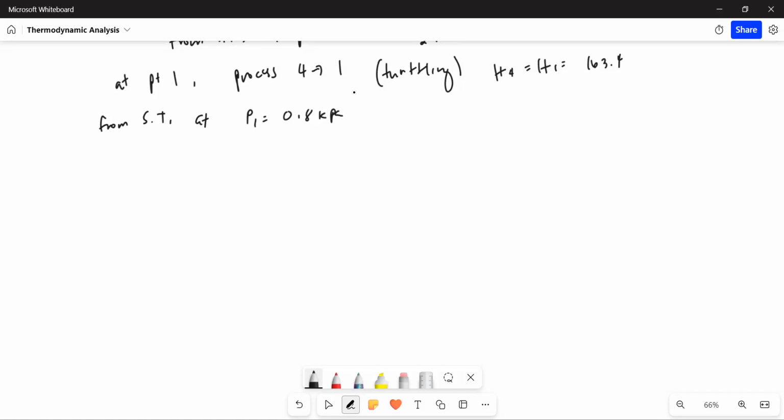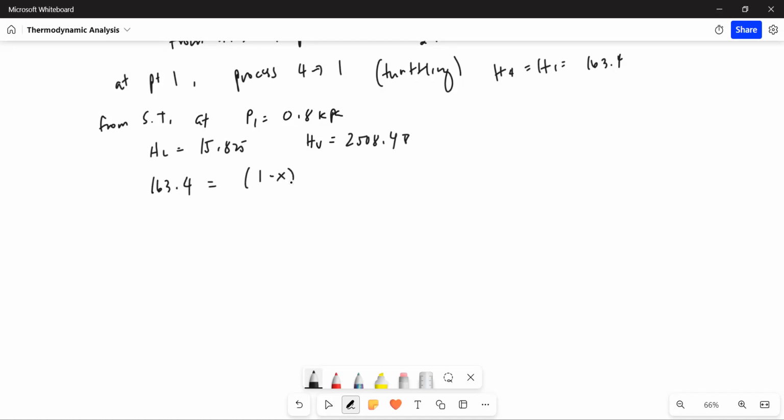HL is 15.825 and HV is 2508.48. Now we can solve for the quality of the steam.